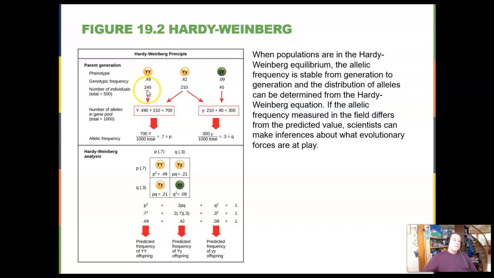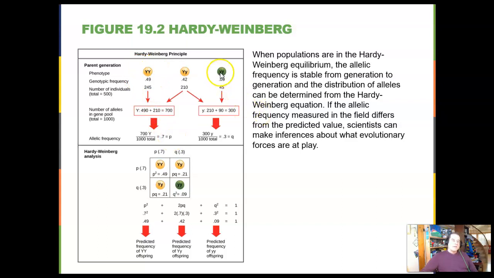So that's going to be 490, and there's the 490. These 210 heterozygotes over here have 210 copies of the yellow allele, the big Y right here. So that's where that 210 comes from, and that adds up to 700. So we've got 700 copies of the big Y allele, the yellow seed coat allele.